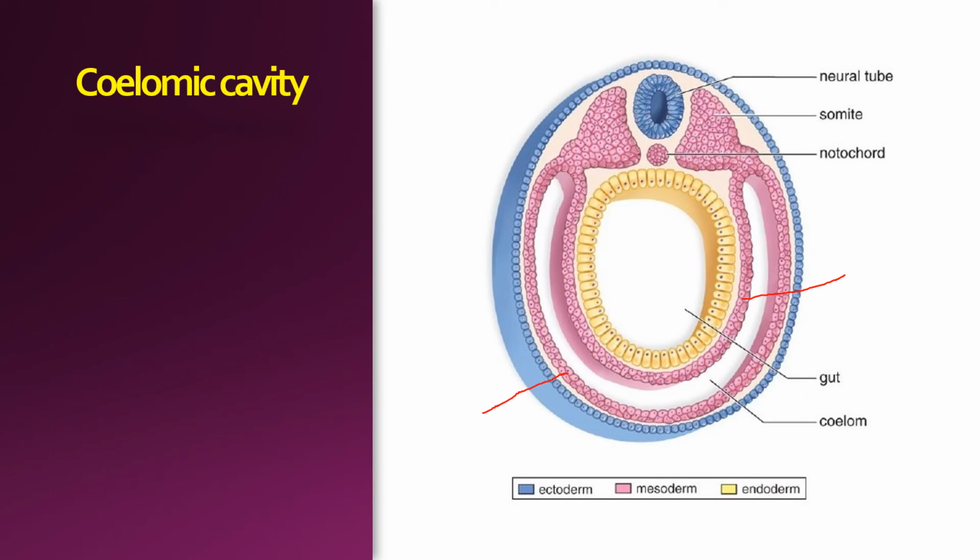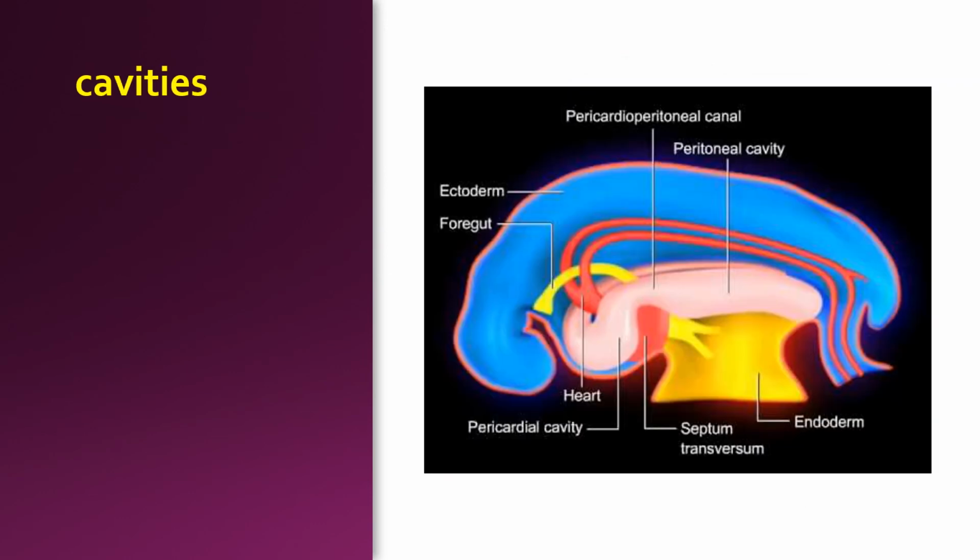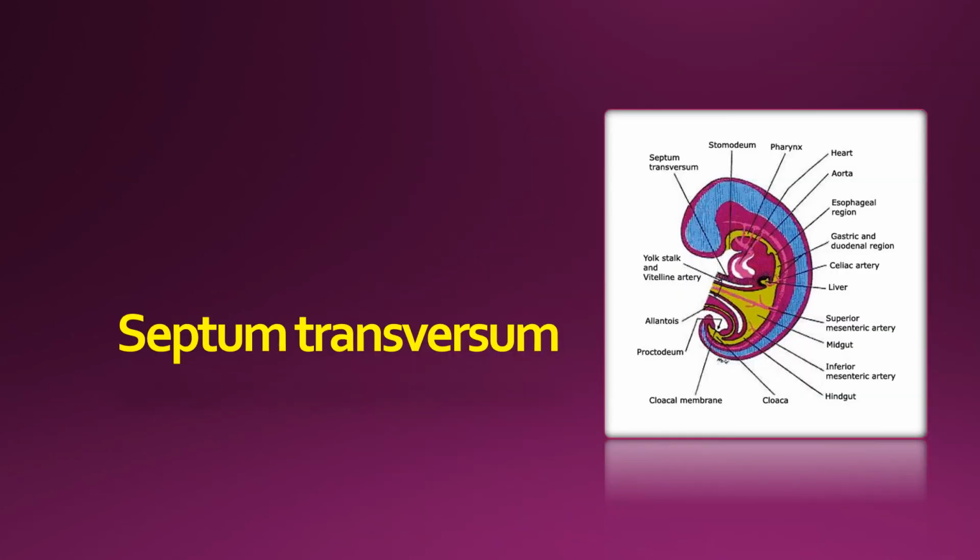This coelomic cavity is also connected to the pericardial sac. In future, the coelomic cavity is going to form the peritoneal cavity, pericardial cavity and the pleural cavity. A bunch of cells can be seen below the heart, that is, below the pericardial sac.